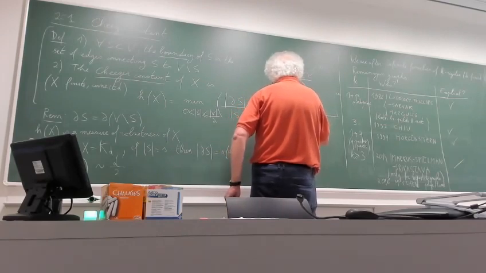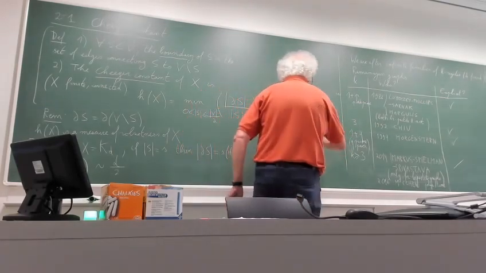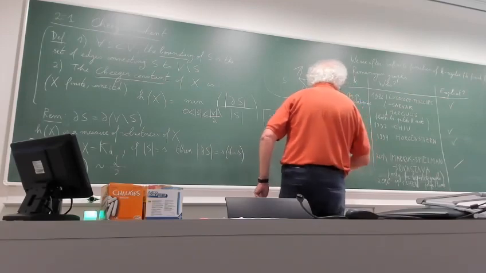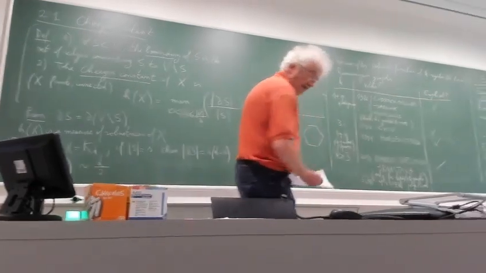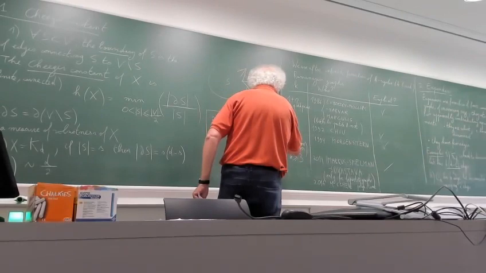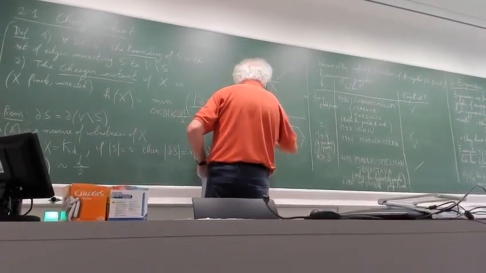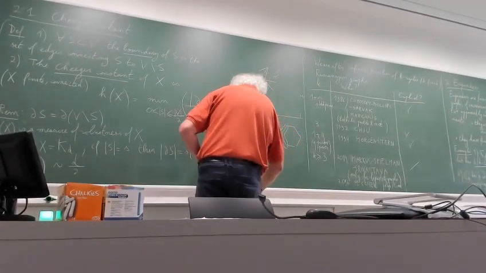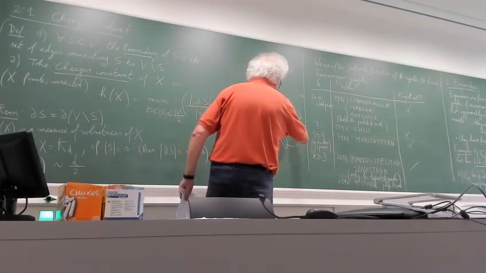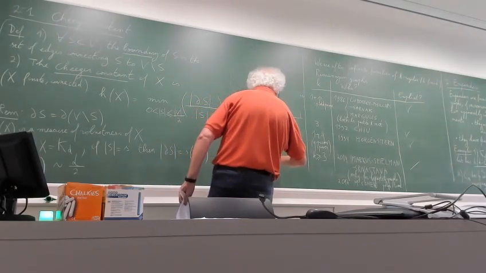And for the other example, if you take for X the cycle of length n, C_n, if I take for S a half cycle, then the boundary is exactly 2 edges, so the Cheeger constant will be less than 2 divided by n over 2.